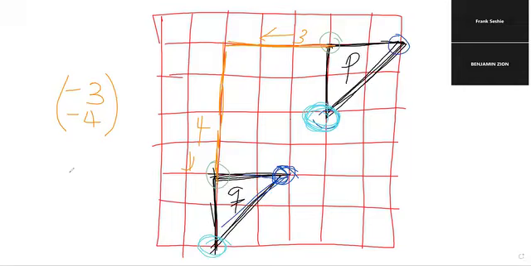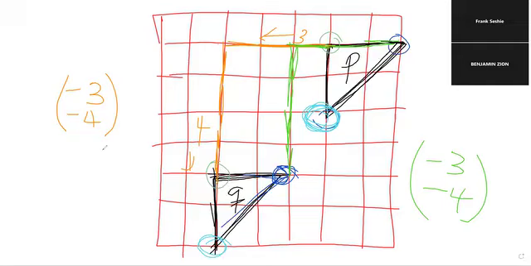So let's try this one too, and see how it works. 1, 2, it's here, so 3. And I come downwards, 1, 2, 3, 4. Left and downwards, so that is also negative 3, negative 4.